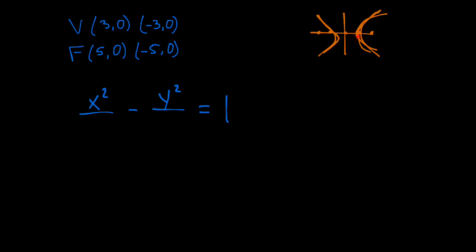So the x radius should be the easier part, because from our center to the vertices is our x radius. So from the center to the vertices is a distance of 3. So down here we should see 3 squared, and 3 squared is 9. So the only other part we're missing is underneath the y squared. Remember, for hyperbolas, we find the distance to the foci by doing c squared equals a squared plus b squared, where c is the distance to the foci.